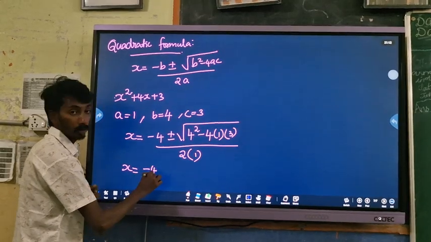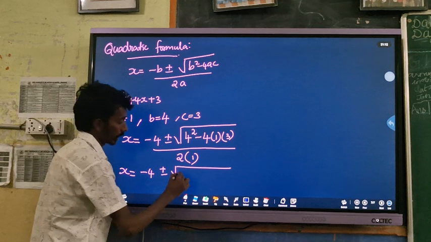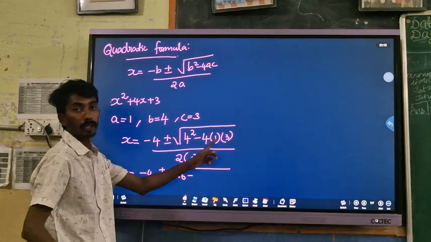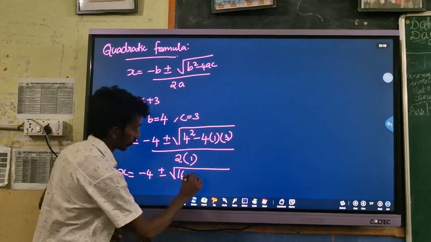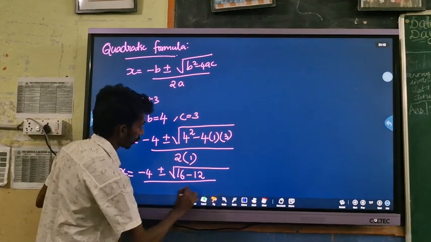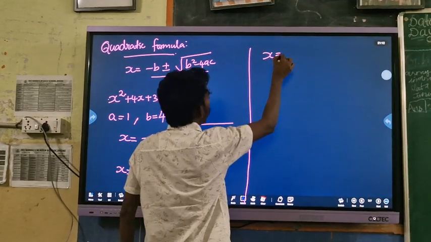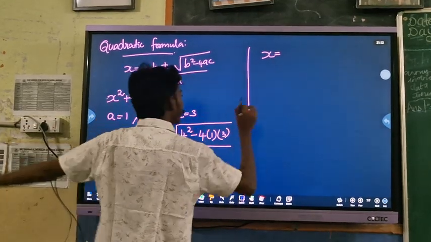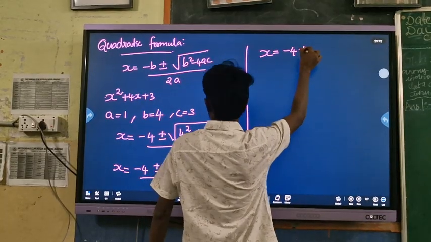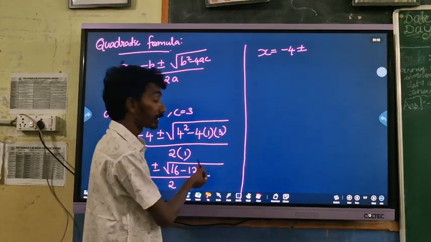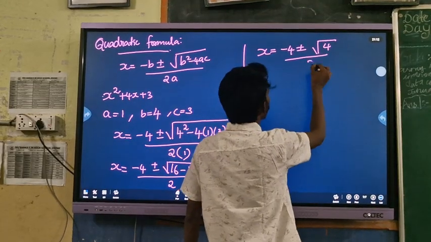So minus 4 plus or minus root of 4 square, which is 16, minus 4 into 1, which is 4, 4 into 3 is 12. So 16 minus 12, divided by 2. Next, x is equal to minus 4 plus or minus root of 4 divided by 2.